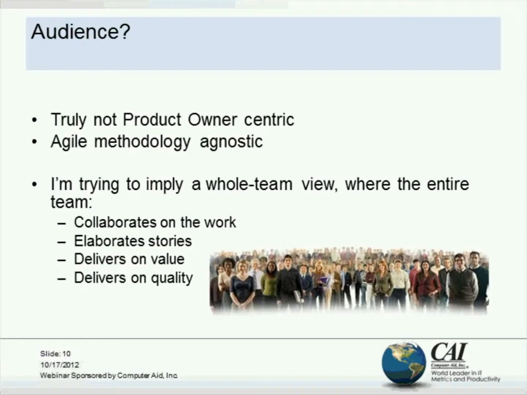I reference Scrum, but I want to be Agile methodology agnostic. And I'm trying to imply a whole team view. You'll see that thread woven throughout the presentation, where the entire team collaborates on the work. They elaborate stories. They deliver on value and they deliver on quality. So I think that's really central.